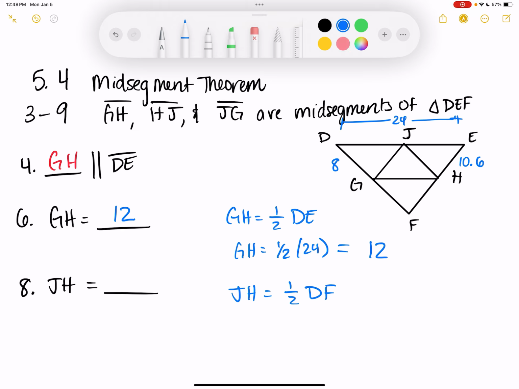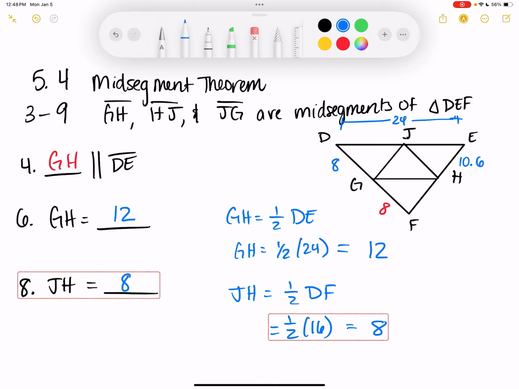So I know then that this value here, GF, also has to be 8. So that means that DF in total is 16. So I would have 1/2 of 16 is JH, which is equal to 8. So JH is also 8.